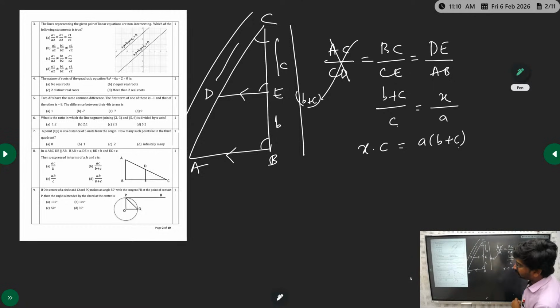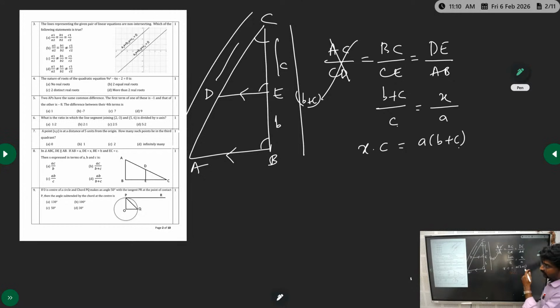What is the option they are asking? Something is missing, I guess. Check the sides ratio. AC by CD is equal to BC by EC. Correct? Whether the EC value is C? Yes.